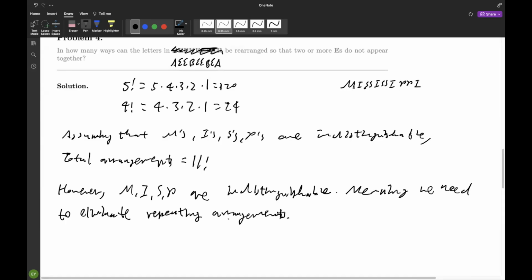Now, the repeating part is actually quite simple. So it will be 11 factorial over how many M's are there? 1, right? So 1 factorial.